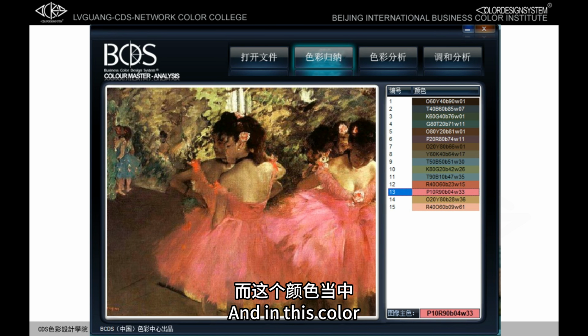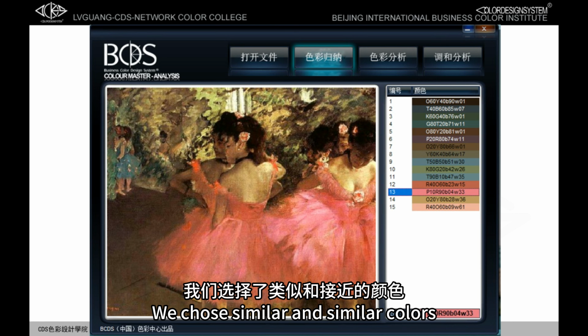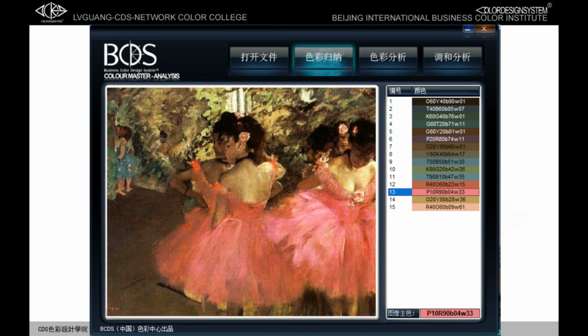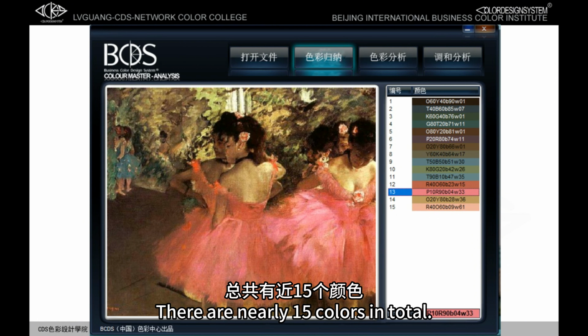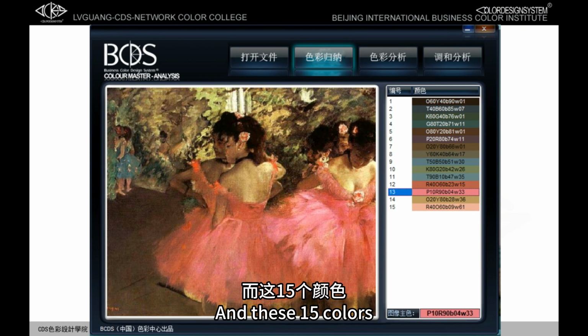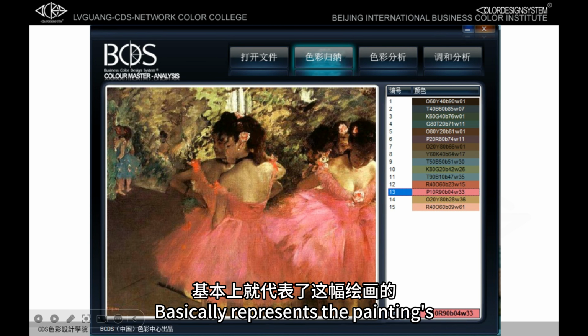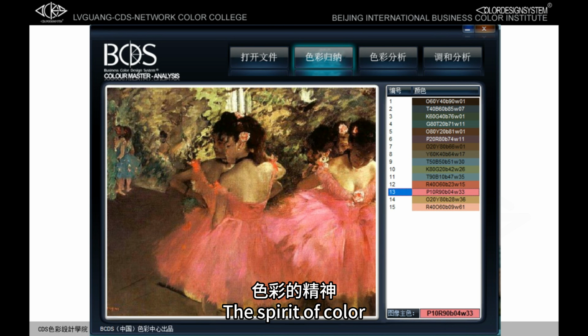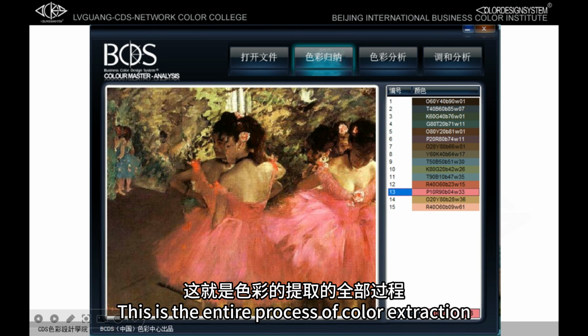And in these colors, we chose similar colors. There are nearly 15 colors in total. And these 15 colors basically represent the paintings, the spirit of color. This is the entire process of color extraction.